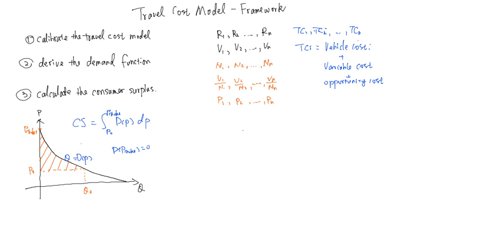So now you get data, which basically is a pair of Pi and TCi. And that's the data.